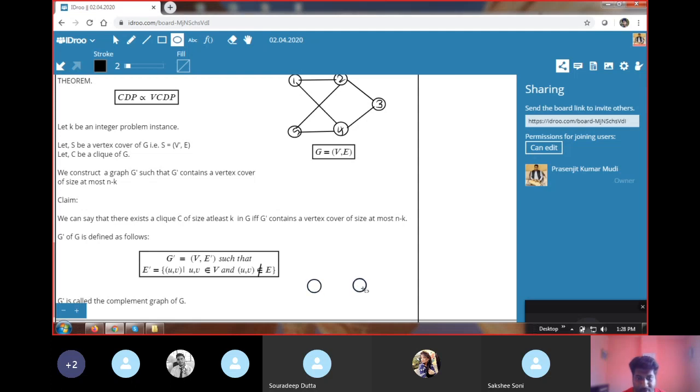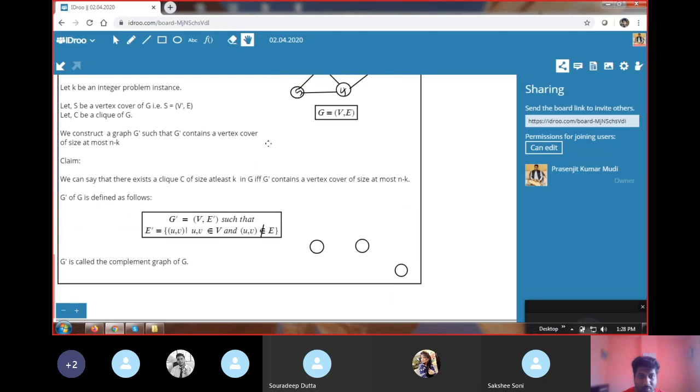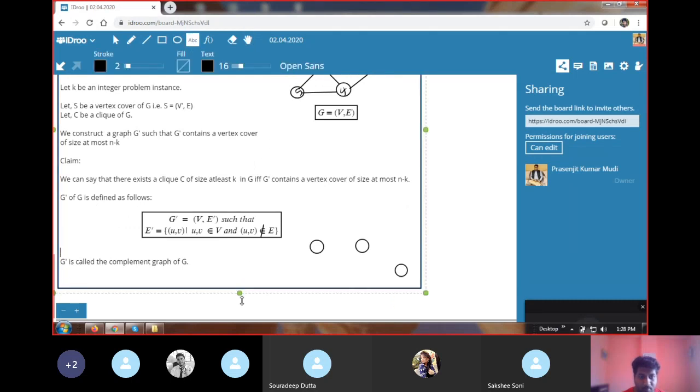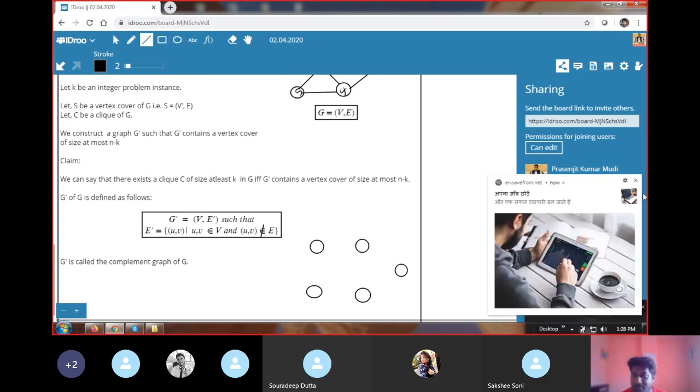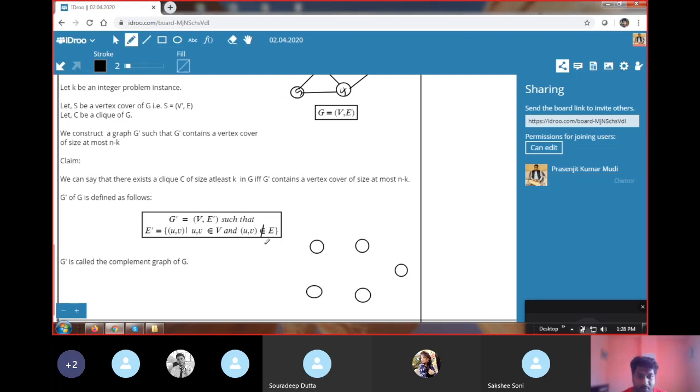So all the vertices have to be considered. Now edges, okay, name the vertices.